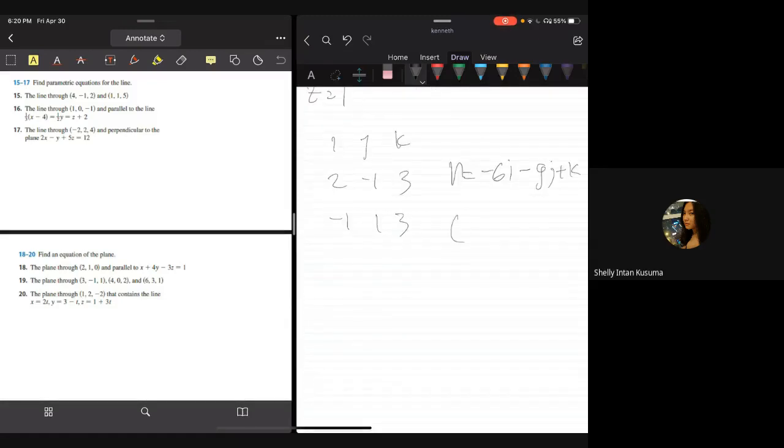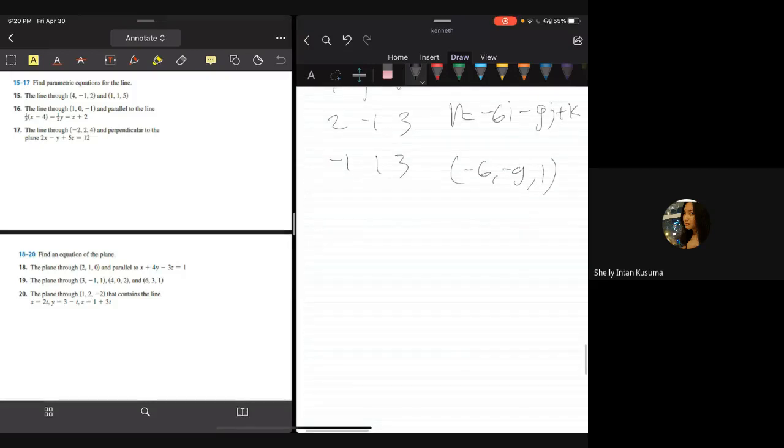So the vector is -6, -9, and 1. This is our normal vector. Then for our equation, we can just use -6(x minus 1), -9(y minus 2), plus (z plus 2) equal to 0. Or we can simplify this equation to -6x minus 9y plus z is equal to 26.